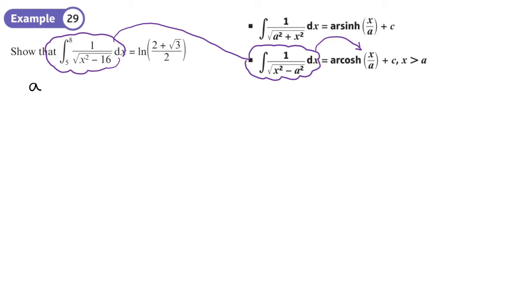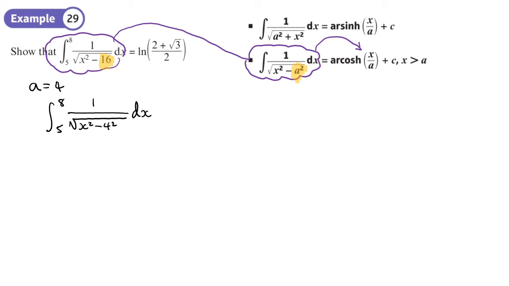In this case, a is going to be 4, because we have x squared minus 16. It needs to be in the form x squared minus a squared. So a is 4. When we write this out, we could write this as 1 over the square root of x squared minus 4 squared.